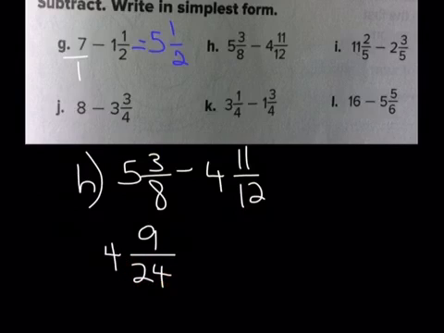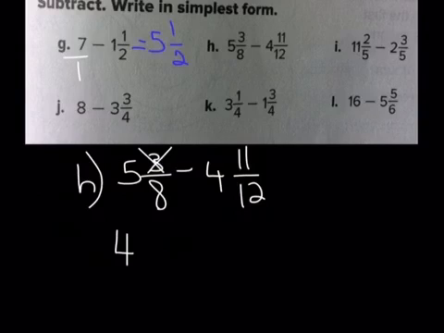Now we tripled this, so we must triple the top, so it's 9. I'm sorry, I made a mistake. I remember now that because I went down by a whole number, this now became 11 because I added a whole number to it.